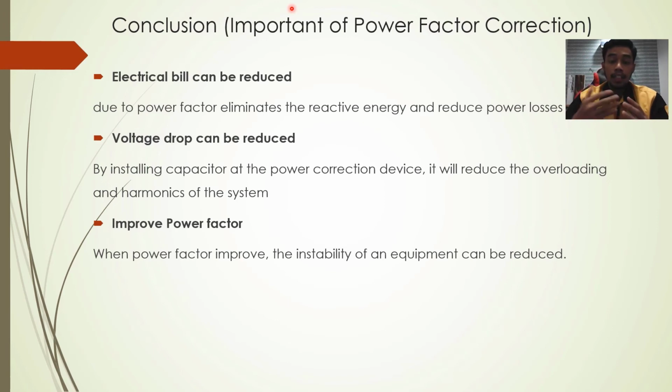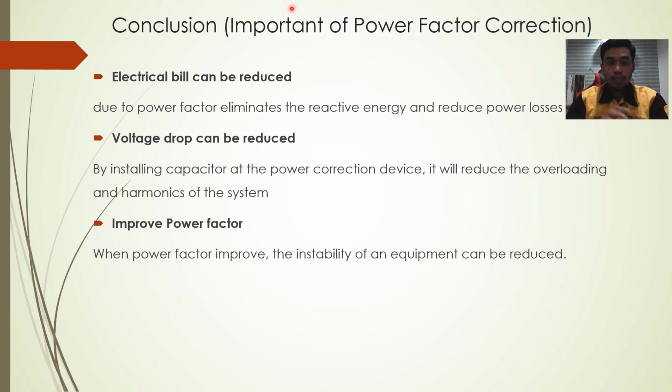When there is excessive reactive energy, the system or bill will get penalties, so we need to pay more. It becomes more expensive. When the power factor eliminates reactive energy, it can also reduce power losses, therefore our electrical bill can be reduced.